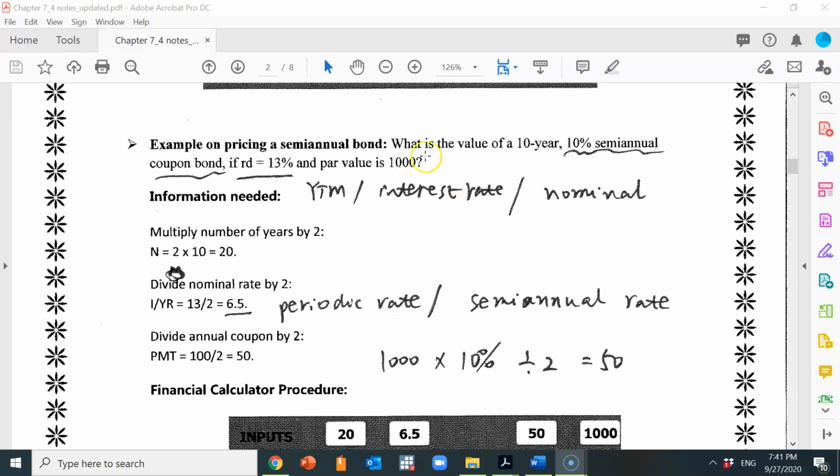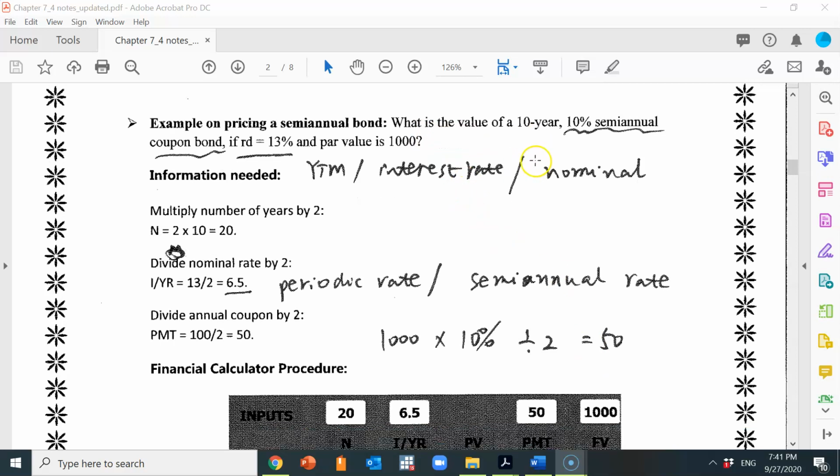Example: what is the value of a 10-year, 10% semi-annual coupon bond if RD, the cost of debt, is 13% and par value is 1,000? When the question says this is a 10% semi-annual coupon bond, is this 10% an annual rate or a semi-annual rate?